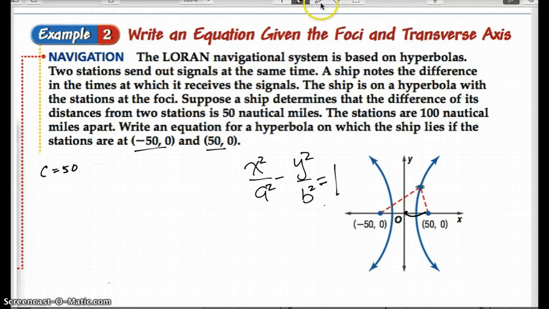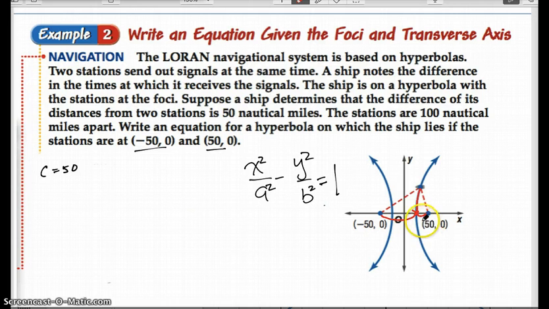So what I'm going to do is imagine this ship driving along its course, where it's going to maintain that the difference of the distances from the two stations would be 50 nautical miles. When the ship is right there at that point, and I know this is a little tricky, the distance from here minus the distance to here has to be 50 nautical miles.